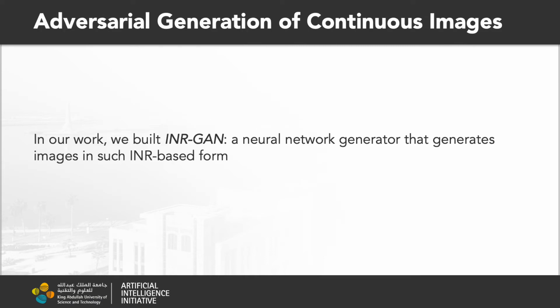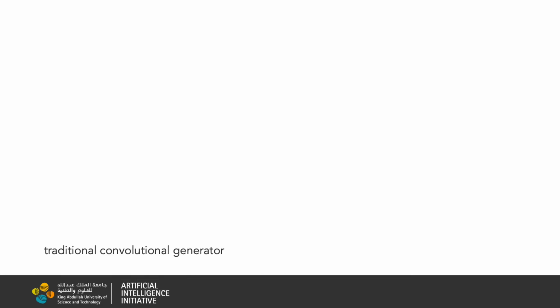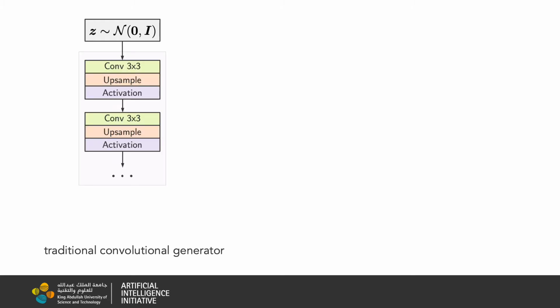So in our work, we built INR-GAN, a neural network generator that produces images in this implicit neural representations form. A traditional convolutional generator is typically structured the following way. It samples input noise and passes it to a sequence of the convolutional blocks, which outputs a pixel-based representation of an image. The INR-based generator is designed differently.